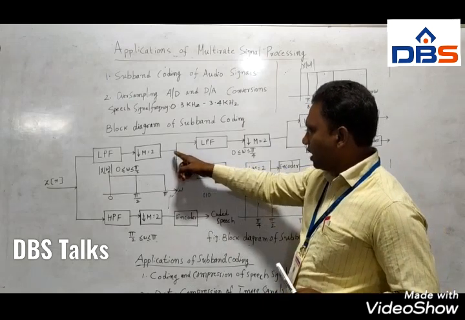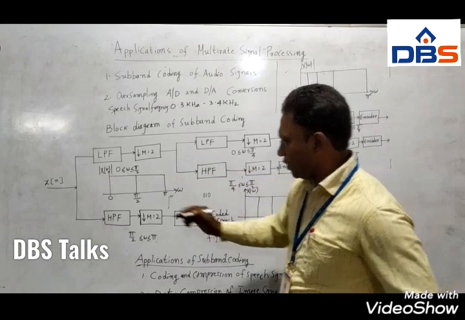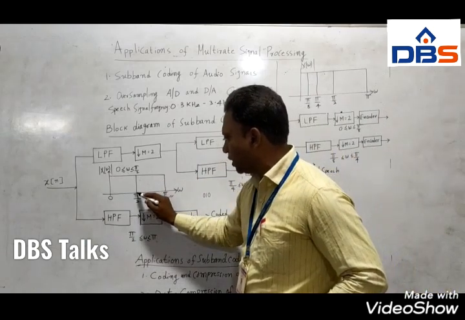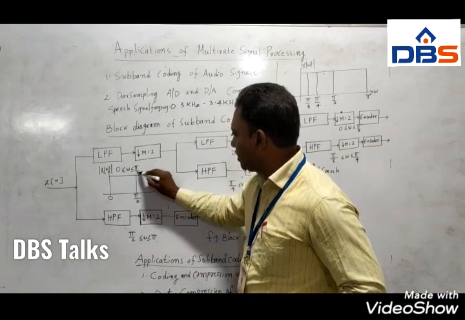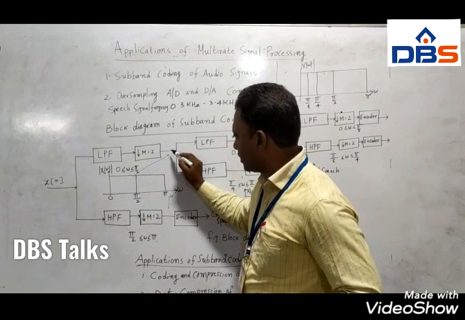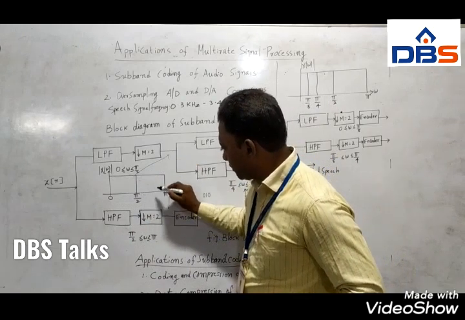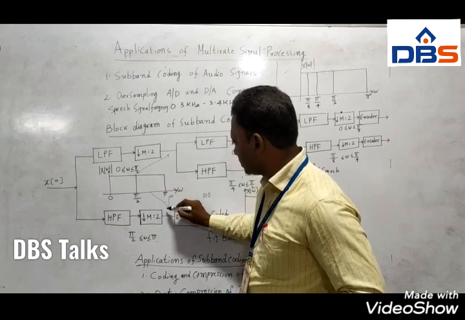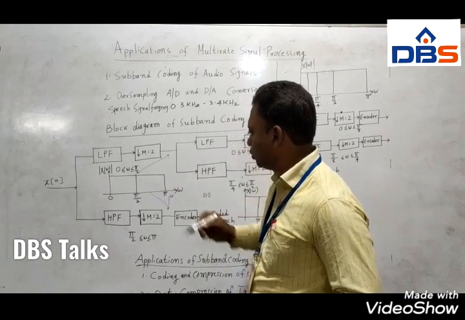Now whatever the signal coming from this 0 to pi by 2, I hope you can understand, is applied to here, and the second one is available from pi by 2 to pi.